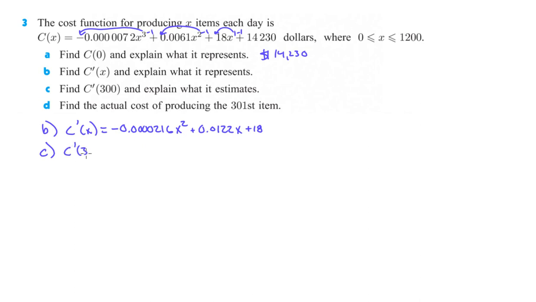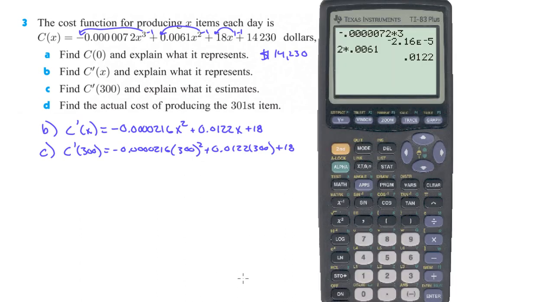So C prime of 300 is going to equal negative 0.0000216 times 300 squared plus 0.0122 times 300 plus 18. So we're just going to plug that into our calculator.